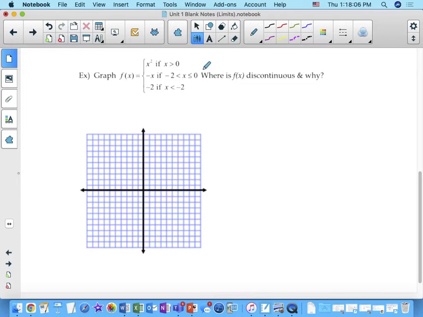Now it's greater than 0, so this is kind of like an open circle. On the right-hand side, it just looks like y equals x squared. So I've got a point at 1, 1, a point at 2, 4, a point at 3, 9. Okay, so this is one side. That's this piece.